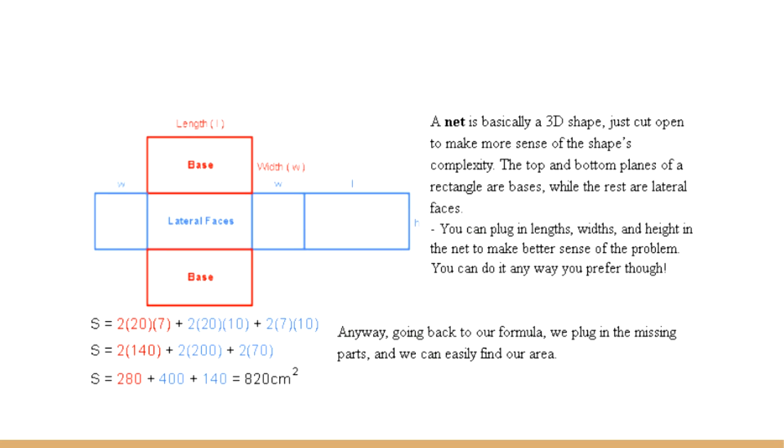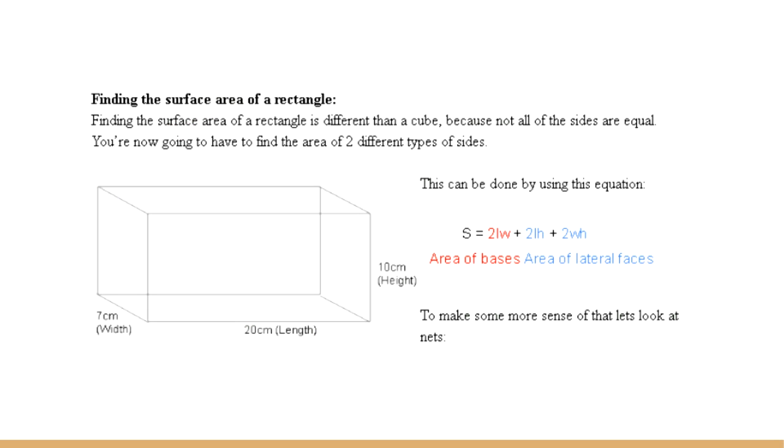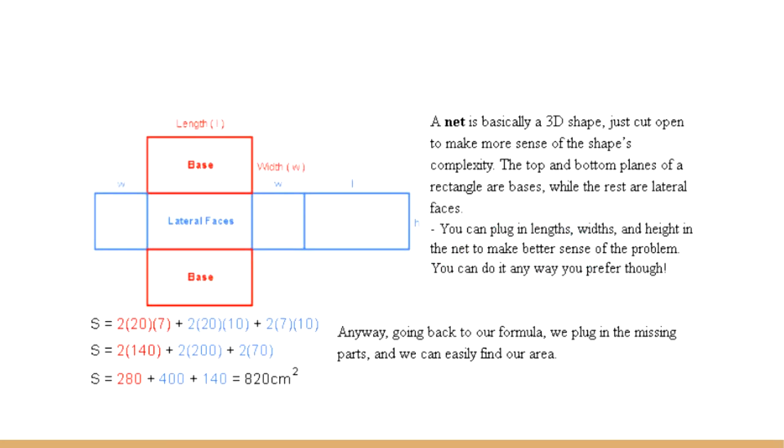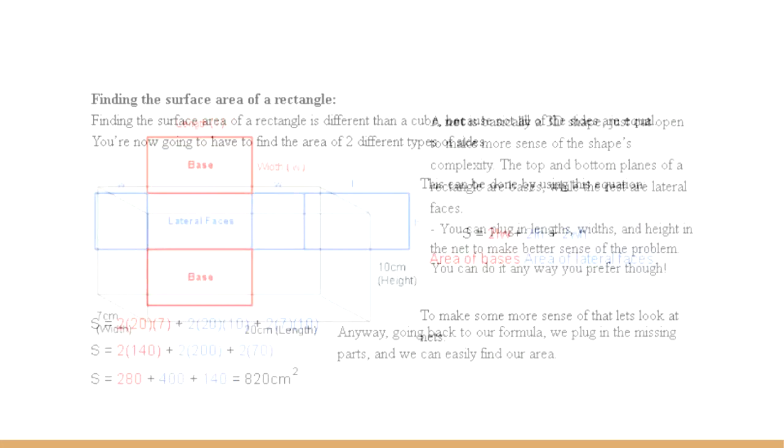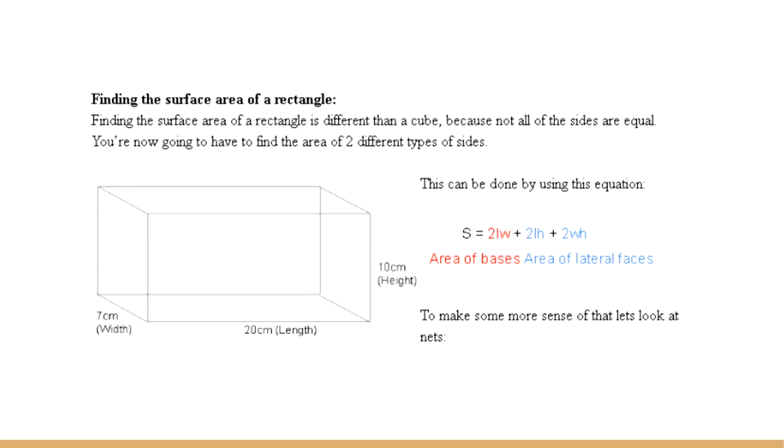So if you go back here real quick, the formula is 2 times length times width plus 2 times length times height plus 2 times width times height. So what we're going to do is take our shape, where we had 10 centimeters as the height, 20 centimeters as the length, and 7 as the width.